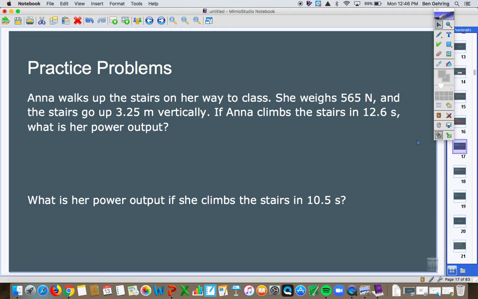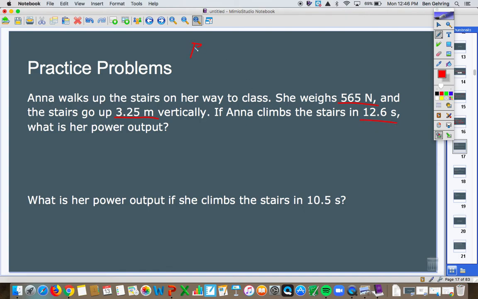All right, so I'll give you a chance to try these on your own. Anna walks up the stairs on her way to class. She weighs 565 newtons and goes up 3.25 meters vertically. If she climbs the stairs in 12.6 seconds, what is her power output? Be careful here with units. This is where things get kind of tricky.